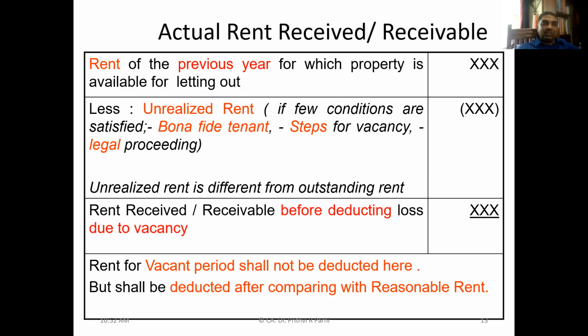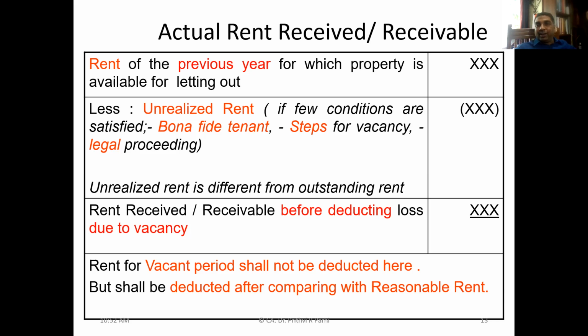We'll see those conditions later on. At this level, think of conditions like a bona fide tenancy agreement, and the landlord must have taken some legal step to vacate the property. If these conditions are complied with, then unrealized rent can be deducted from the annual rent.